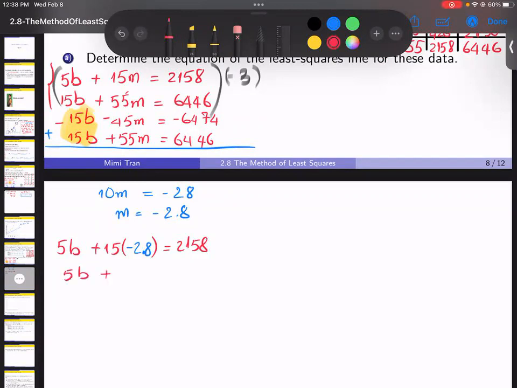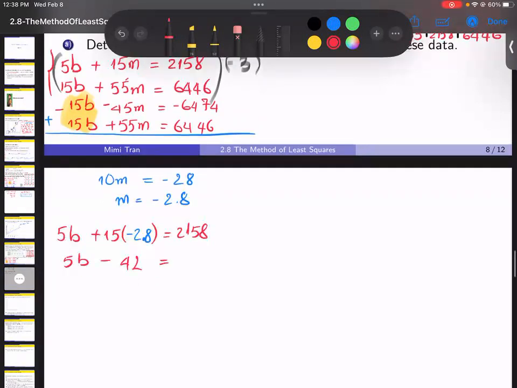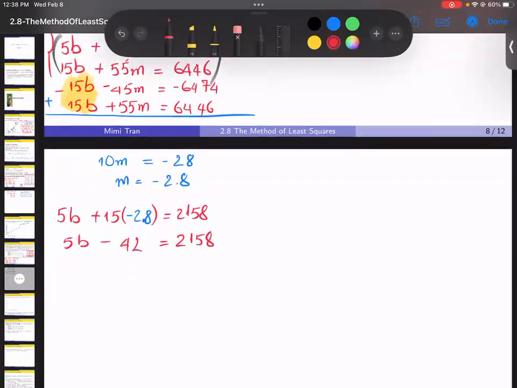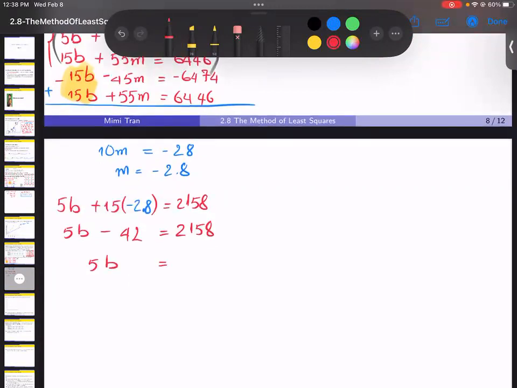Five b plus, or rather minus 42 equal 2158. Add 42 to both sides. 5b is 2200. So b is 440.